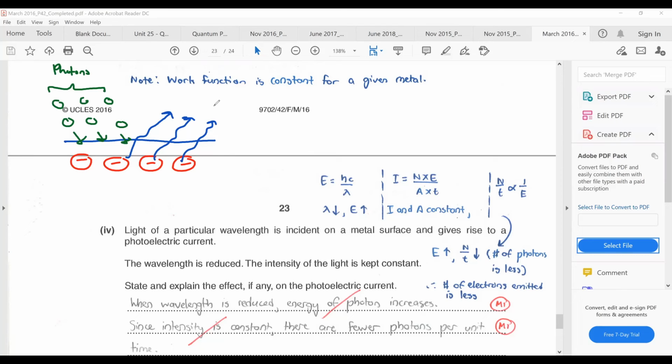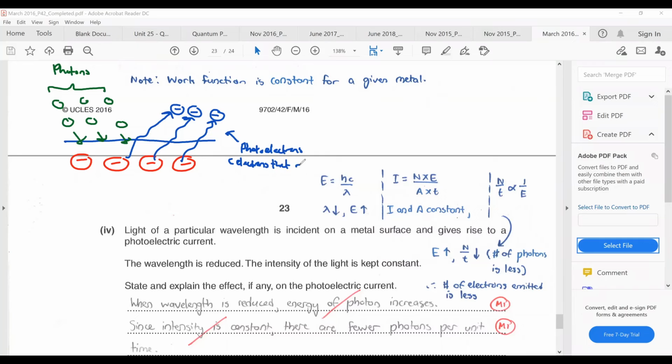The electrons that have escaped are called your photoelectrons.